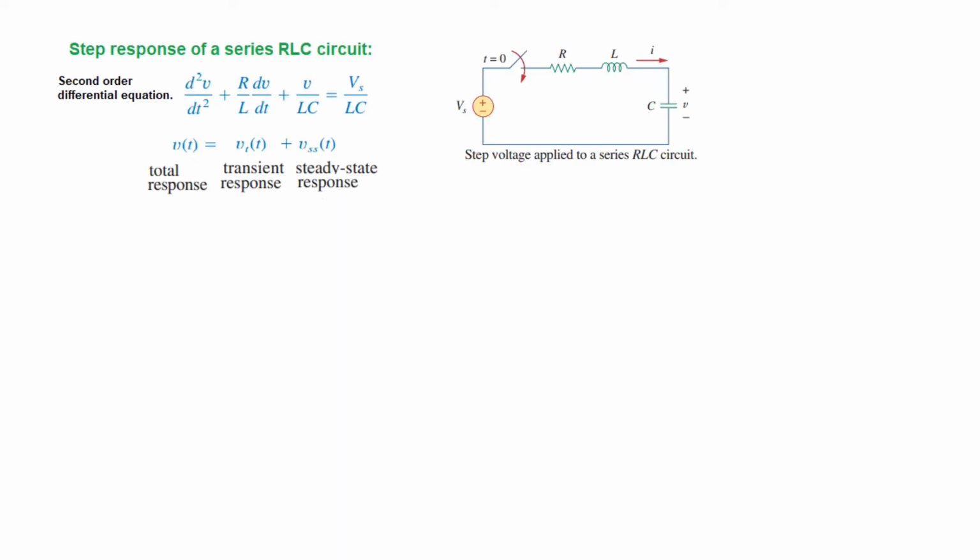Okay, now if you recall from the previous videos, the step response of a series RLC circuit, this was the circuit, and its answer was that the total response is given by the transient response plus the steady state response. And this was the second order circuit from which we obtained the result.